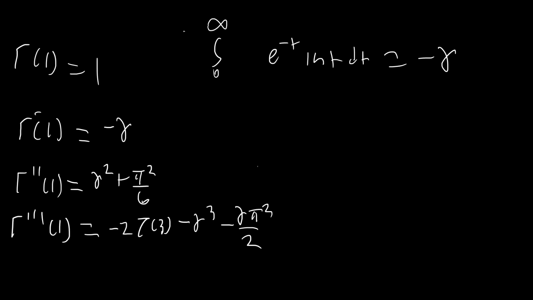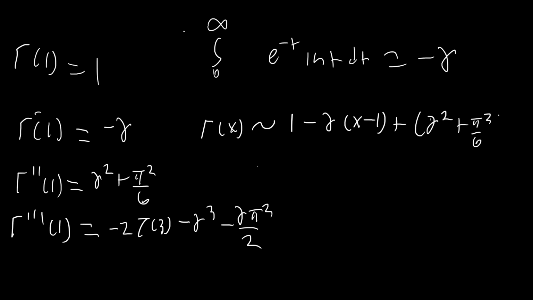So we are going to write that gamma of x is approximately equal to 1, and then we're going to be subtracting gamma times x minus 1, and then adding gamma squared plus pi squared over 6.